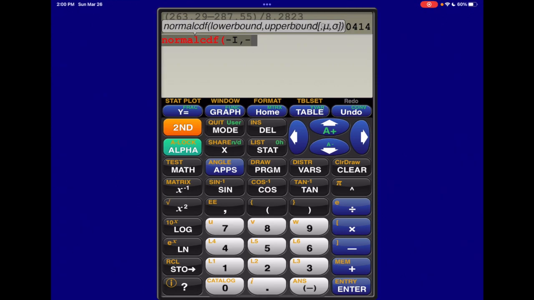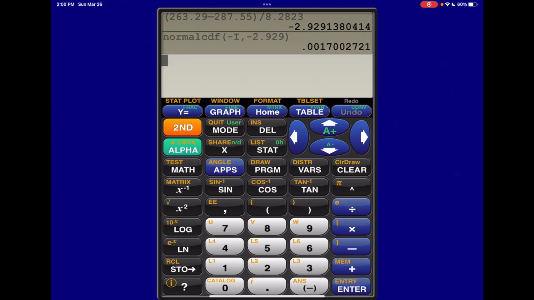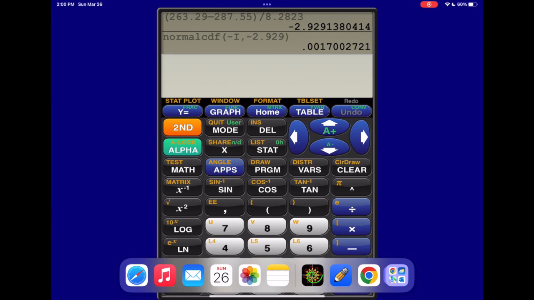And we have negative 2.929 as our other boundary. We were expecting a small area, so when I get 0.0017, that supports what I saw in my picture.